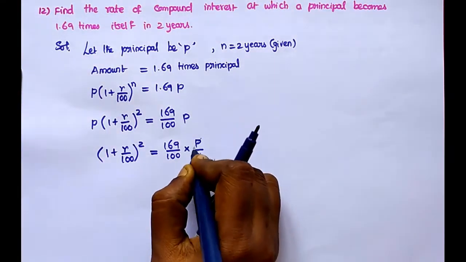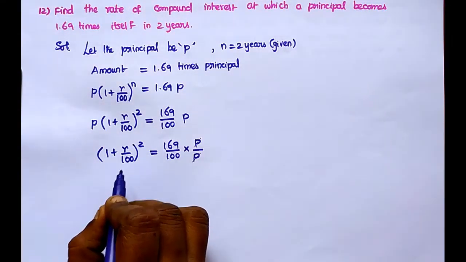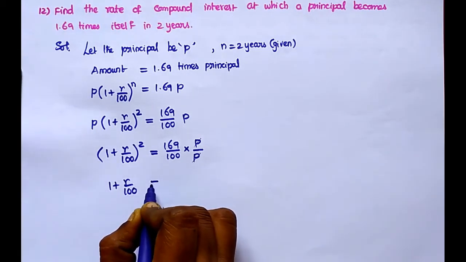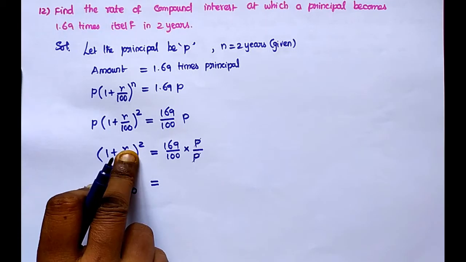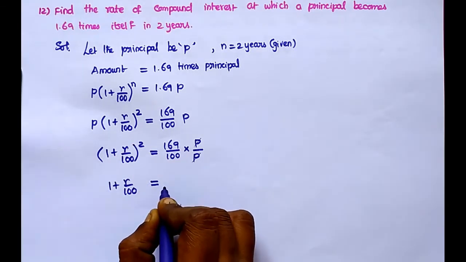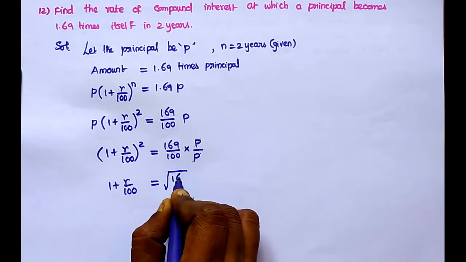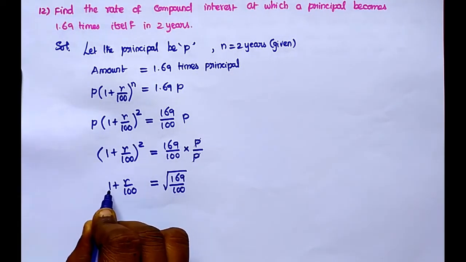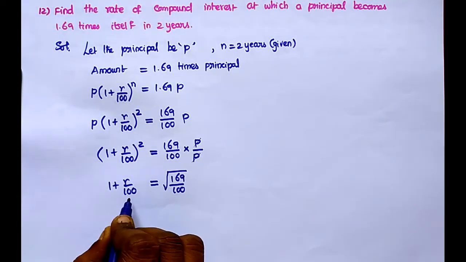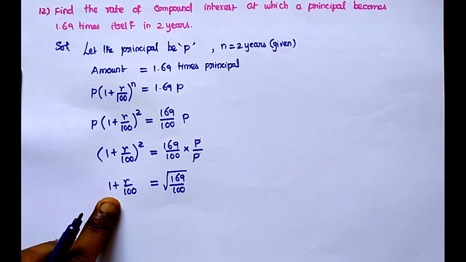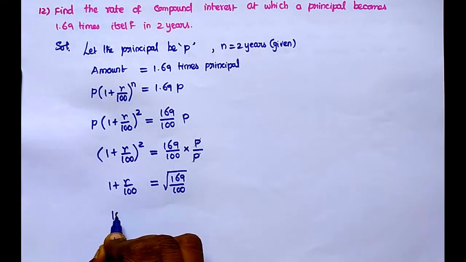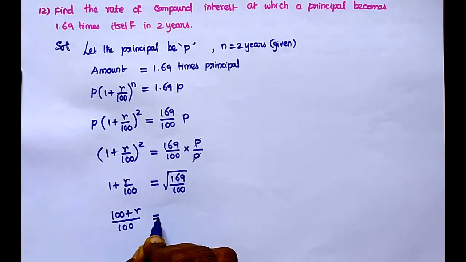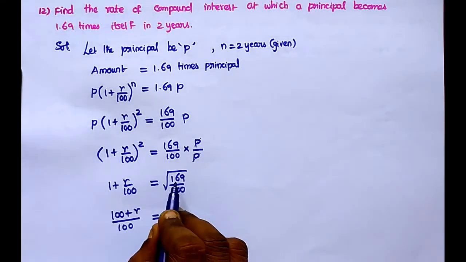So P gets cancelled and listen, 1 plus R by 100 equal to, here square means bring the side, it becomes square root. 1 plus R by 100, how will you write that? 100 into 1, 100 plus R whole divided by 100 equal to square root of 169 by 100.